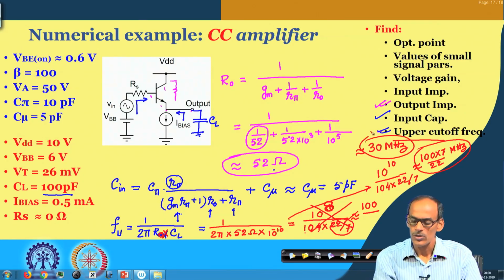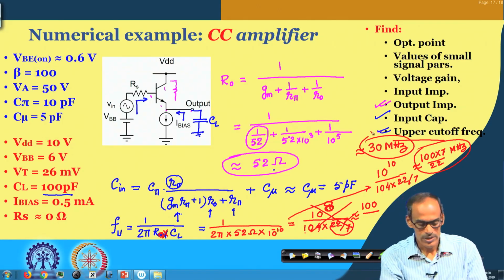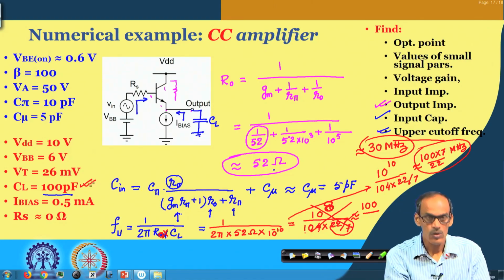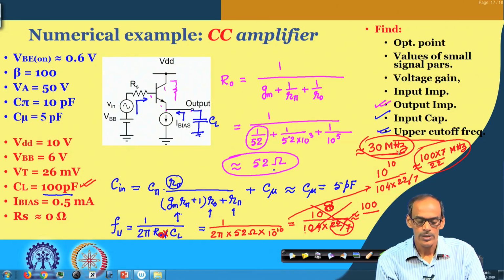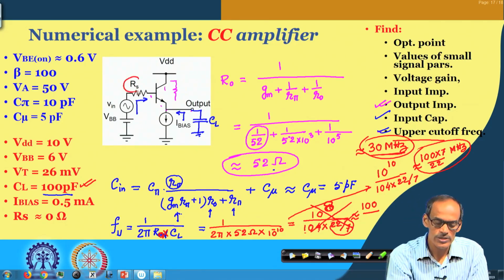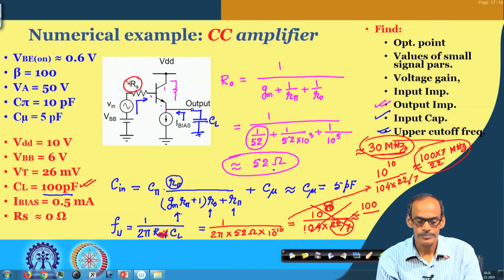So, that gives us some idea that even if the load capacitance is 100 picofarad, the bandwidth of the circuit coming from the output node is quite big, and we are considering the source resistance to be approximately 0.